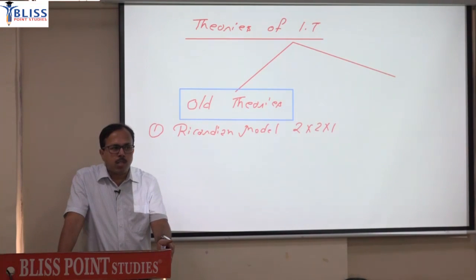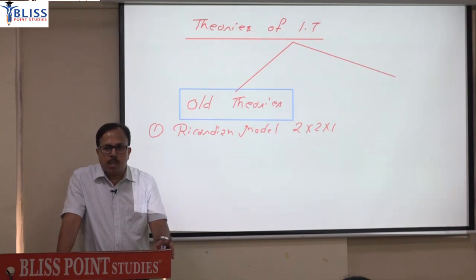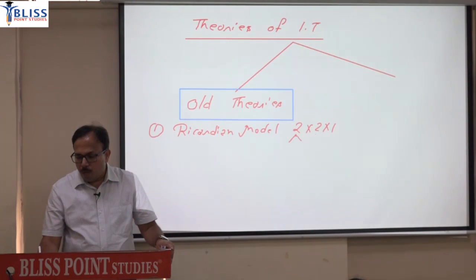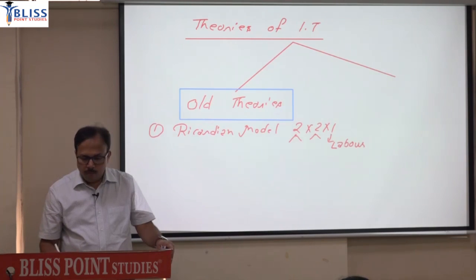It means we will discuss trade between two countries producing two products by using a single factor of production, that is labor. So labor will be the only factor of production in that Ricardian model.